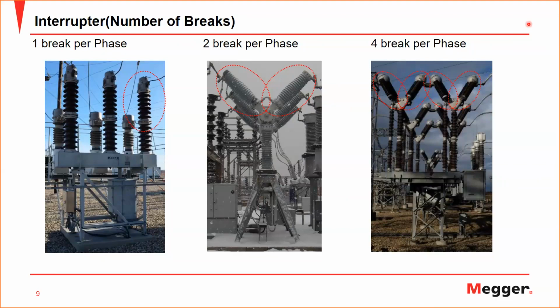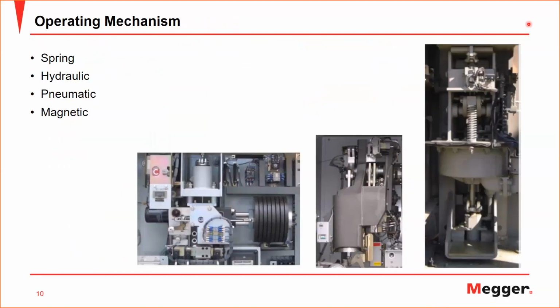Another component, which is very, very important, is the mechanism. The mechanism is the part that operates the breaker, and it usually needs to operate in a very short time, in the tens of milliseconds, or I would say 1 cycle to 2 cycles of your rated power frequency.